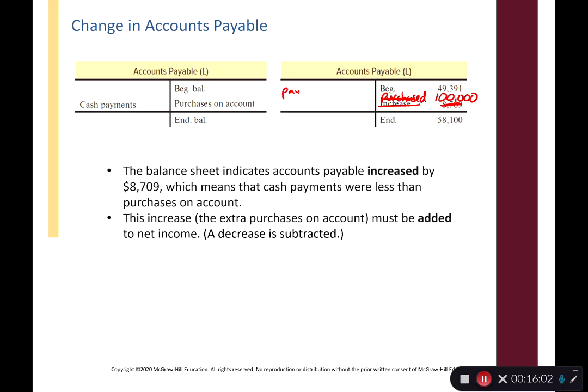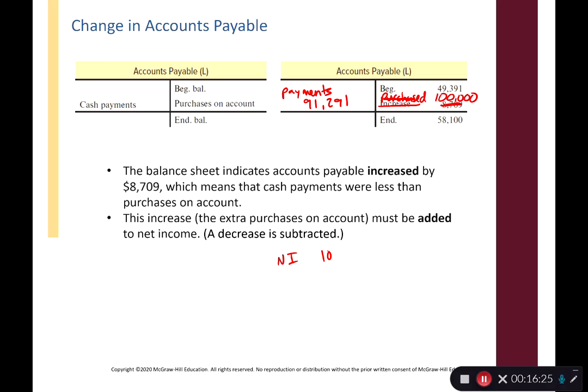Then in order for this to work mathematically, their payments would have been $49,391 plus $100,000 minus $58,100. The payments must have only been $91,291.